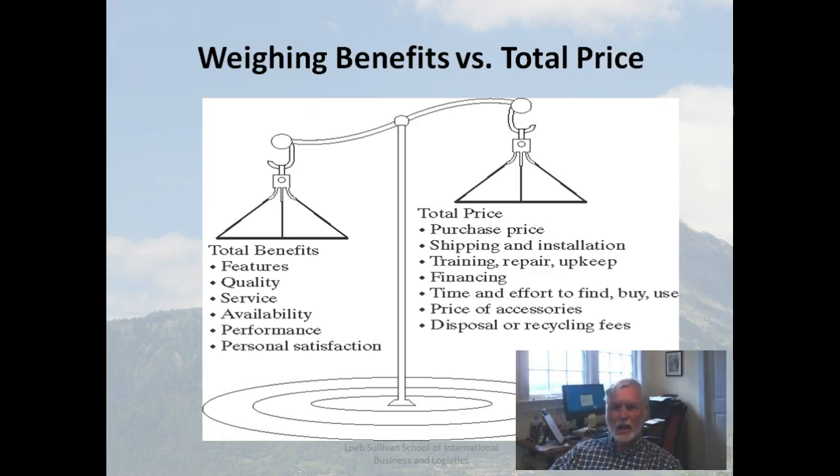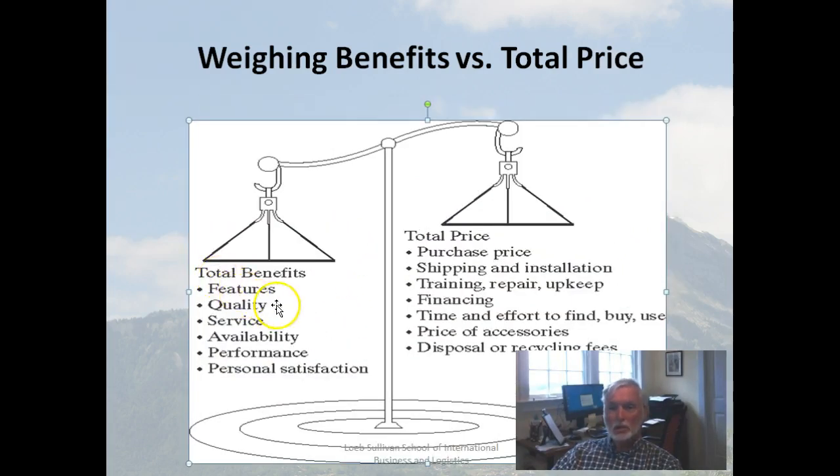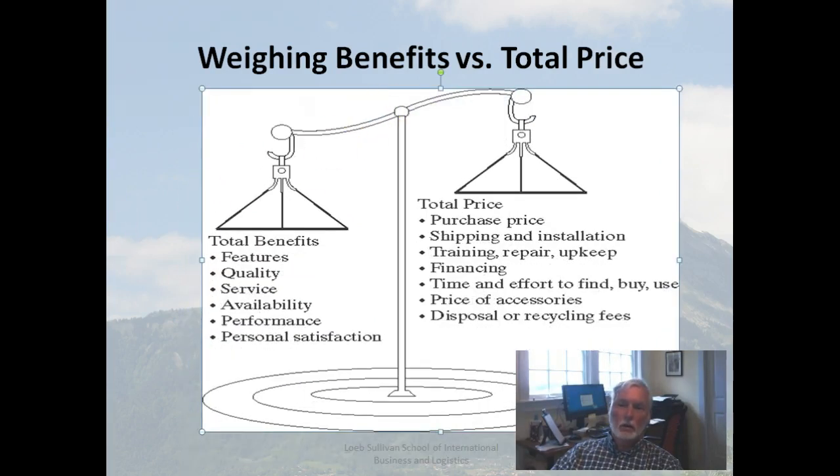And how much satisfaction do I get from the product, which can be a subjective thing. Some of that satisfaction may come from status or other things that are pretty hard to measure. So lots of different things on both sides of that scale, and those features get weighed. So when I'm looking at the price of a product, I'm looking either consciously or subconsciously at the benefits of that product.